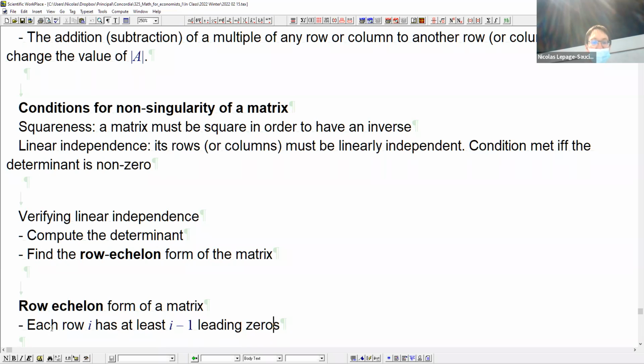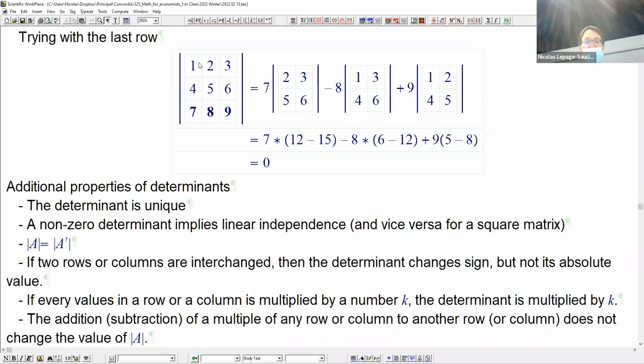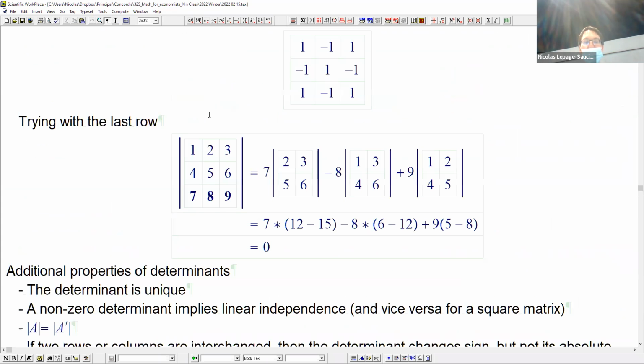So it means that the first row will have 1 minus 1, so 0 leading zeros, meaning the first row of my matrix is just going to be like this, for instance. But then the second row, here I have all non-zeros, but I'm going to want to have one 0 there. And then the third row, I'm going to want to have a 0 there and a 0 there.